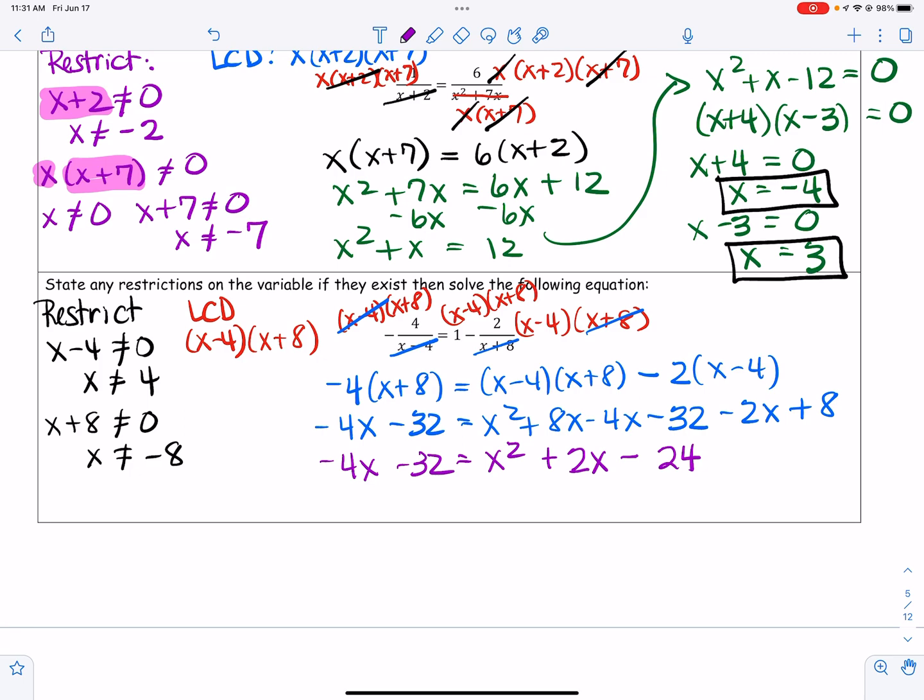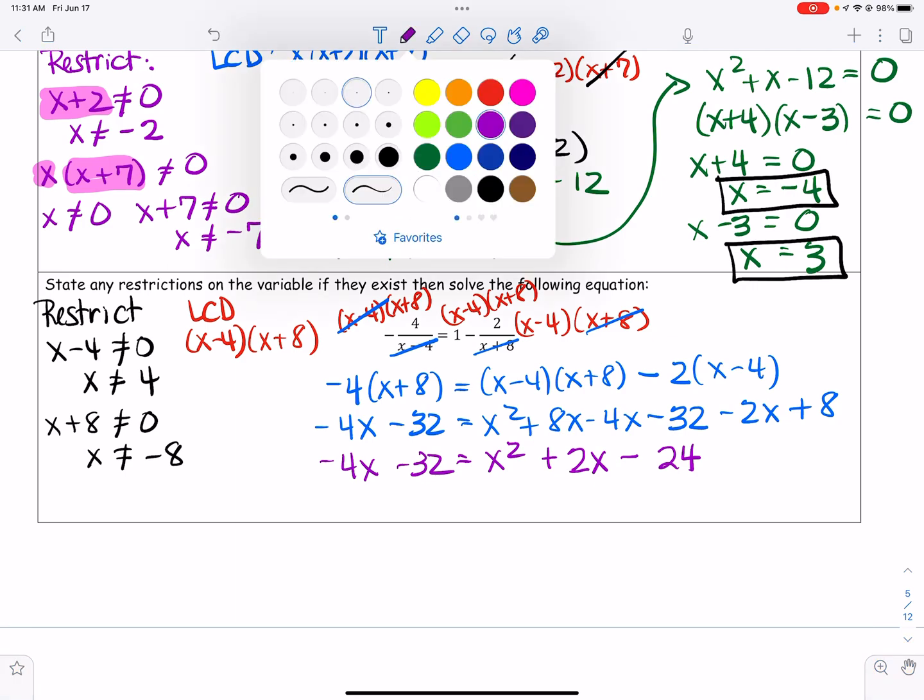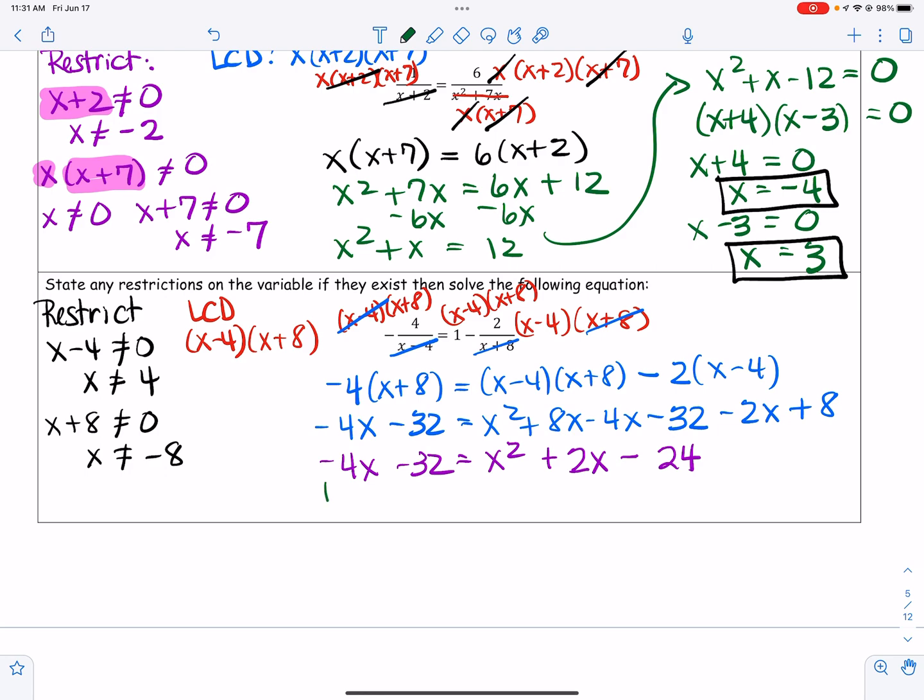And since my x squared is positive, I want to make sure that I leave it positive, and I'm going to just move everything over to the right-hand side. So I'm going to add 4x, and then I'm going to add 32.